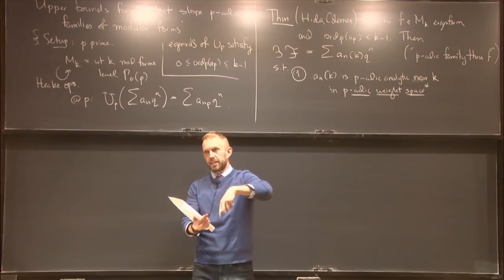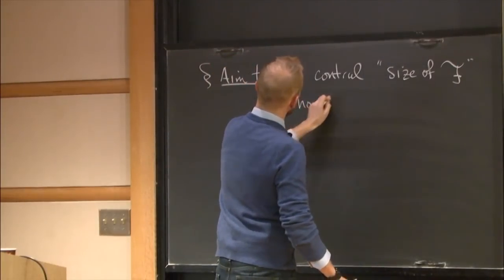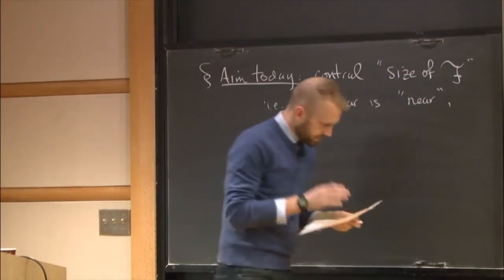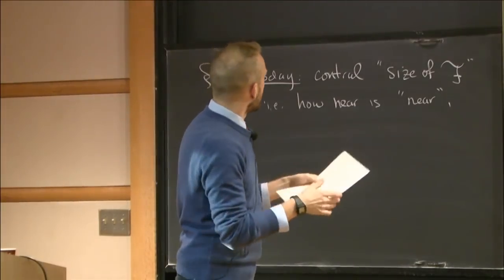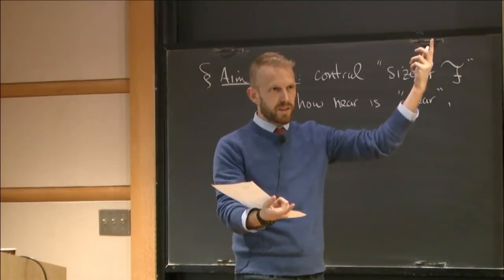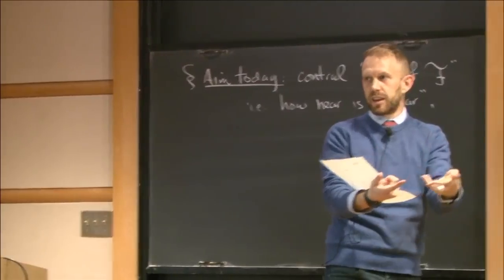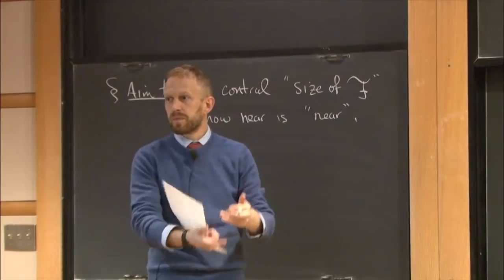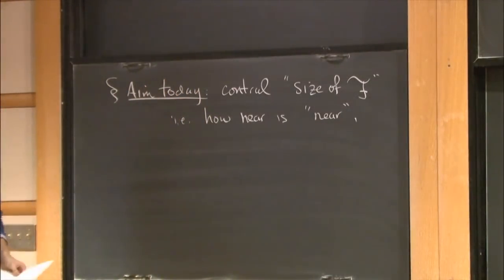I want to know how big that disk is, i.e., how near is near. And the general principle then is that this is some number that controls the radius of convergence of this family. It's some invariant of the modular form. And there's two possibilities. Either it's a new invariant, which would be interesting, or it's related to other invariants of the modular form, which would be more interesting maybe. And that's sort of the direction that I want to suggest it's going in.